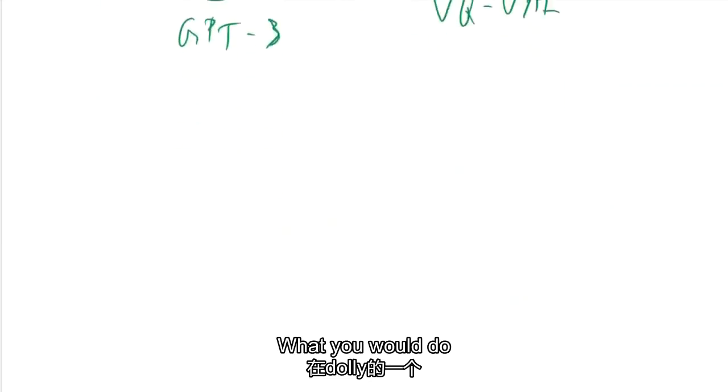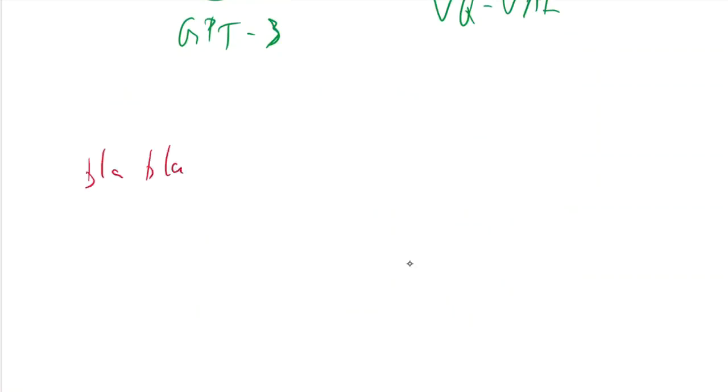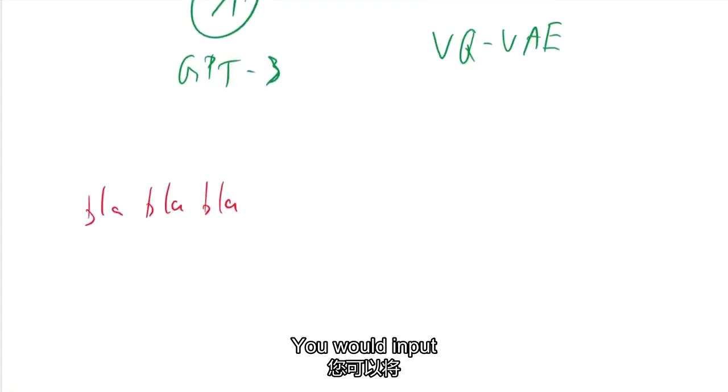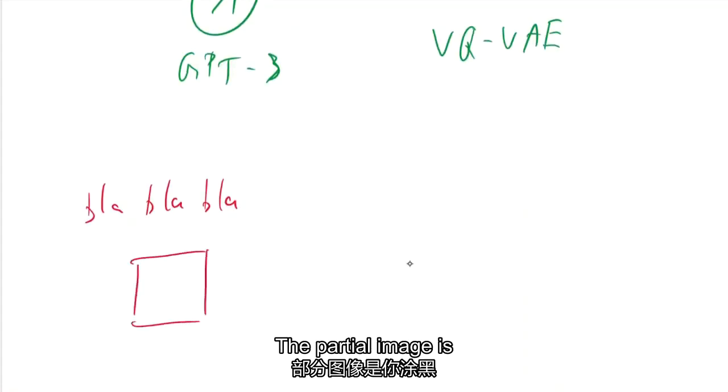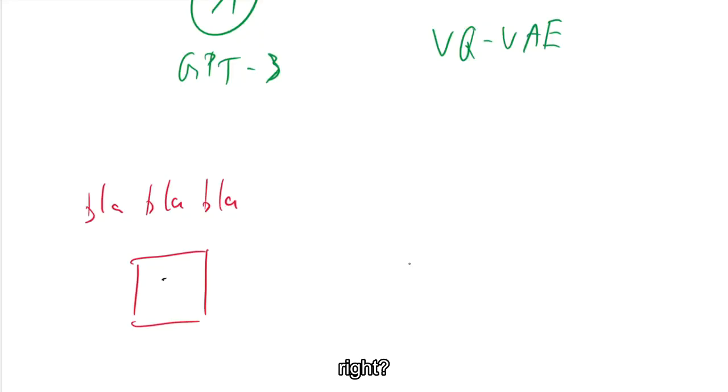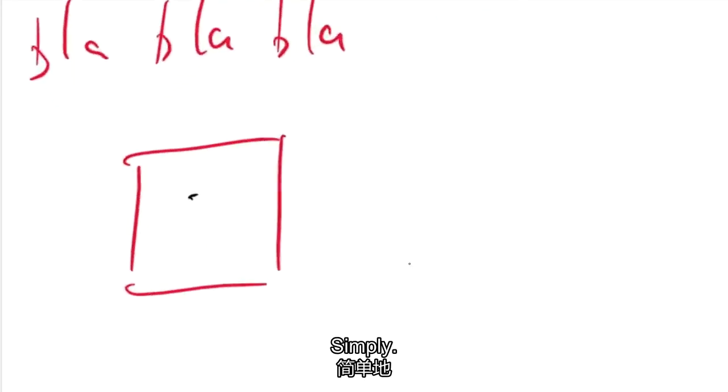Okay, so what you would do in a single step of DALL-E is you would have your text right here, and you would have a partial image. You input this text and the partial image to DALL-E. The partial image is any image where you've blacked out the bottom right, simply.